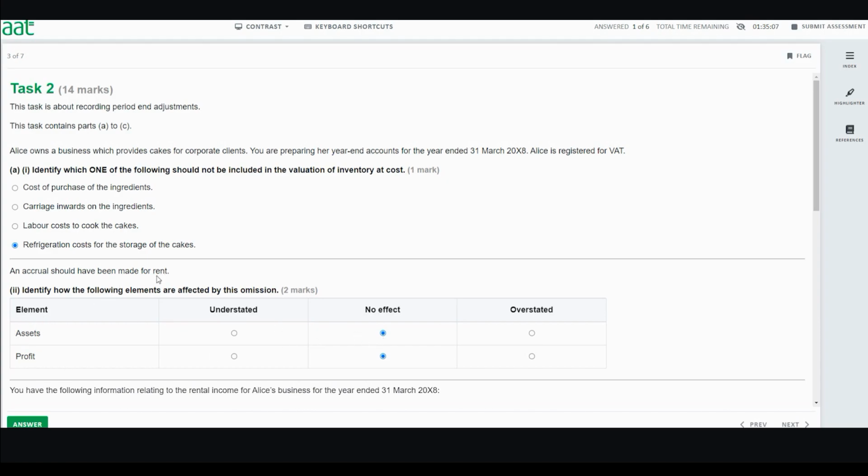Profit. Well, rent is an expense, and the rent account is recorded in the statement of profit or loss. So yes, it will affect the profit. And if we don't accrue the rent, so we don't add to it what we've already paid, it would overstate the profit for the year. Okay, so the net profit.